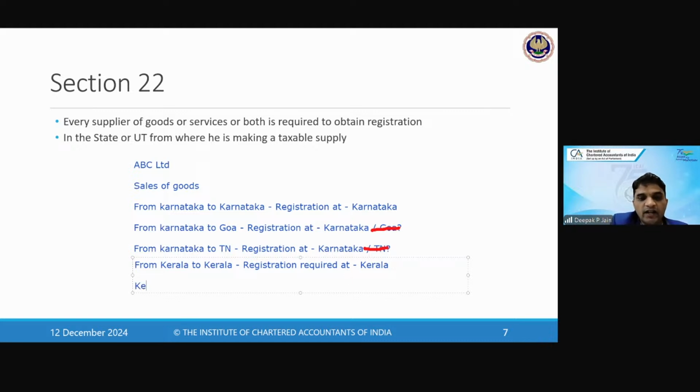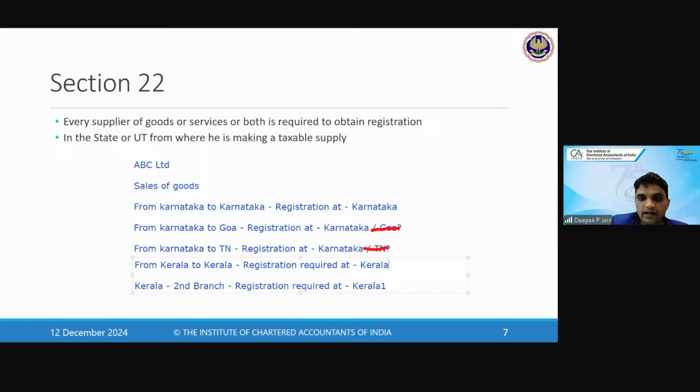Okay. Now Kerala, you have already taken registration. Kerala, you now have a second branch. So registration required at, say, Kerala 1.